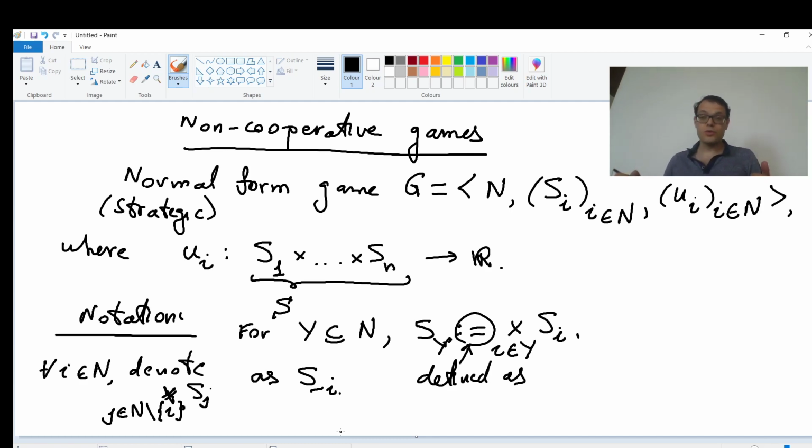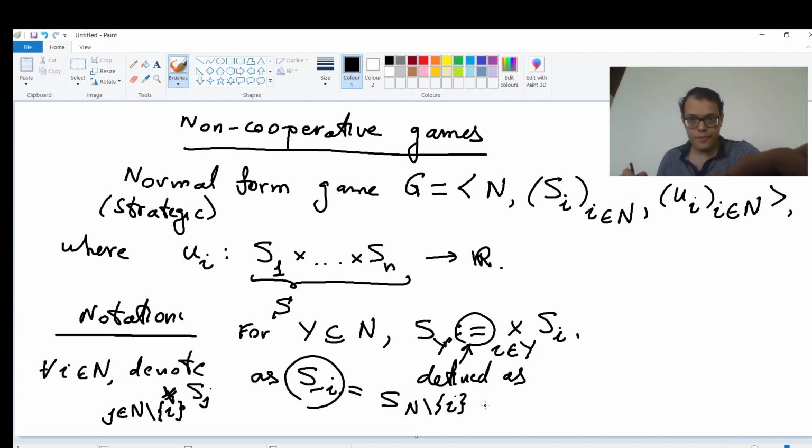Of course, we can also denote it as S subscripted by the set N minus the singleton including i, but that would be a bit cumbersome, so we just use S minus i, and that's a classical notation in game theory.